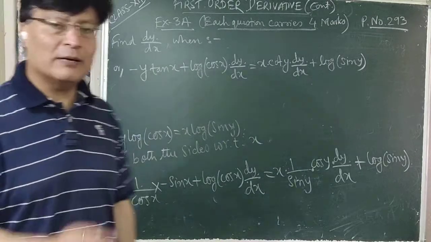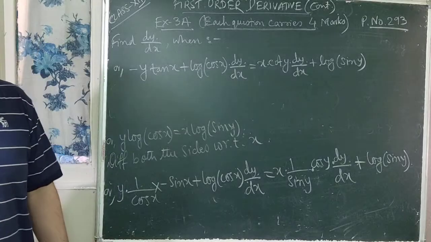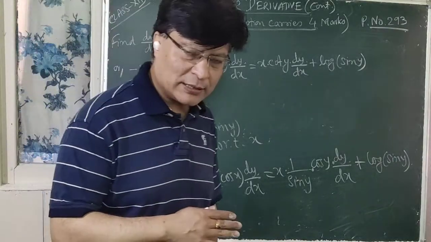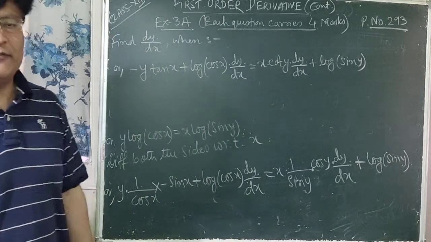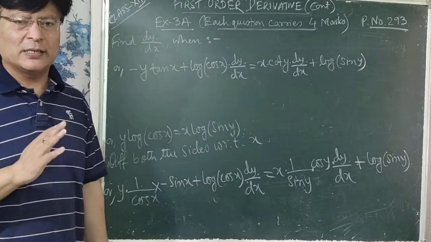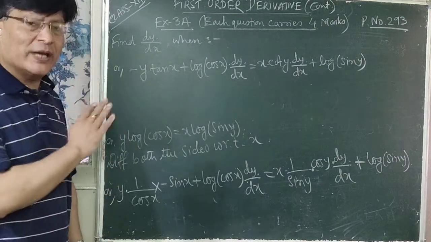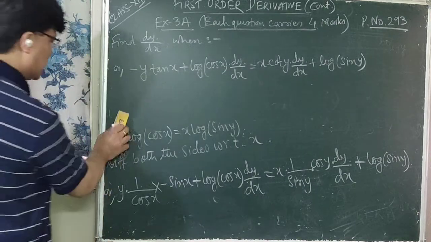So now you have to get the value for dy by dx. Now you keep the terms containing dy by dx on the left hand side and all other terms which are free from dy by dx on the right hand side. This is just like solving for x, but in this case we are solving for dy by dx.